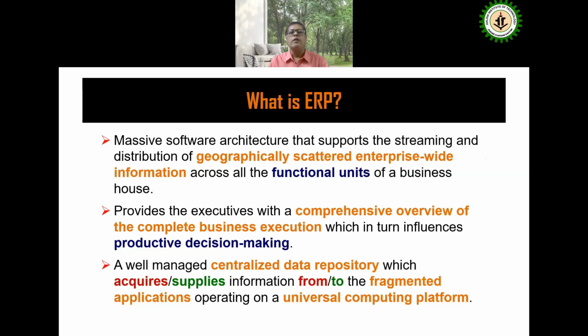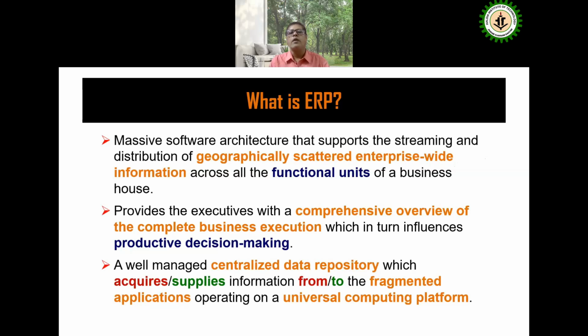Now, since these countries are geographically scattered, whenever the sales organization of America and the sales organization of England are connected to the manufacturing organization of India, then such geographical barriers are eliminated.